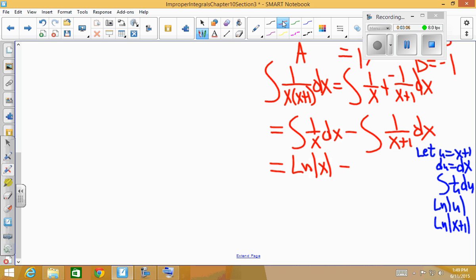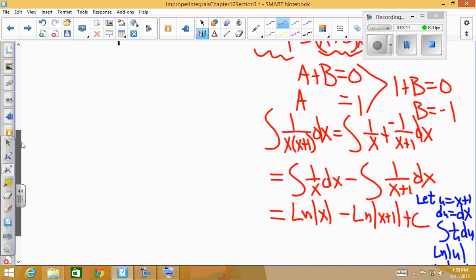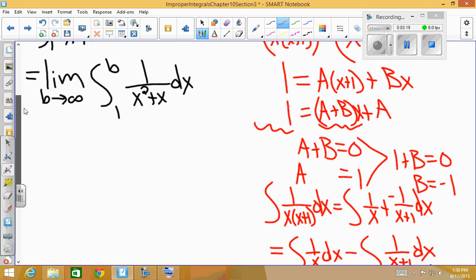So in the end, we end up with a natural log absolute value of x plus 1. So there's an antiderivative. We can take that back up to our integral and limit that we're really talking about here.